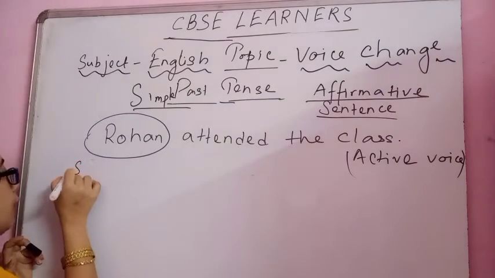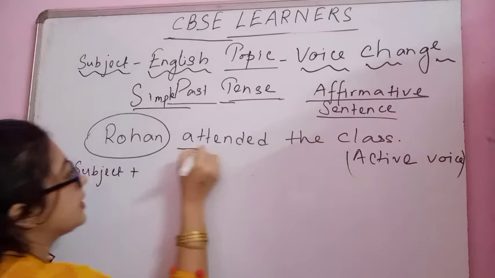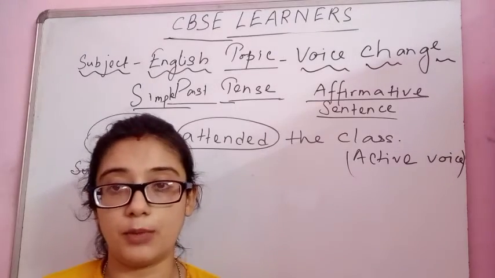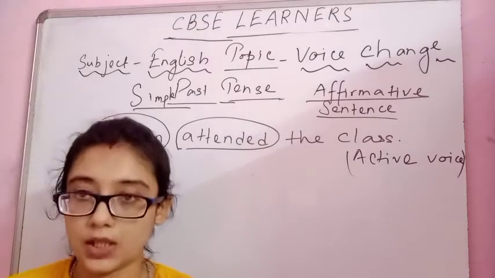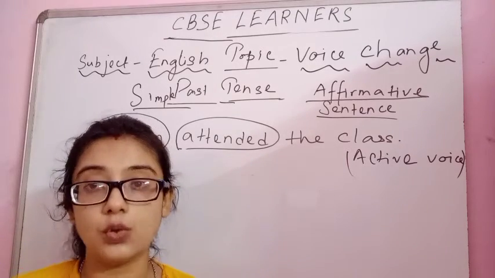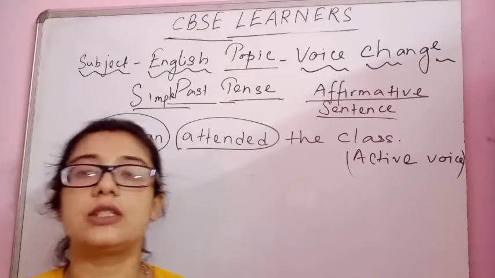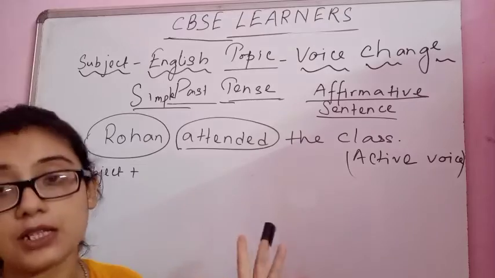So how to construct the formula? Subject plus, this is which form of verb? This is the past form of verb. I prefer not to say first form, second form, third form, as a few students get confused about which is the first, second, or third form. I prefer to say clearly that it is the past form.